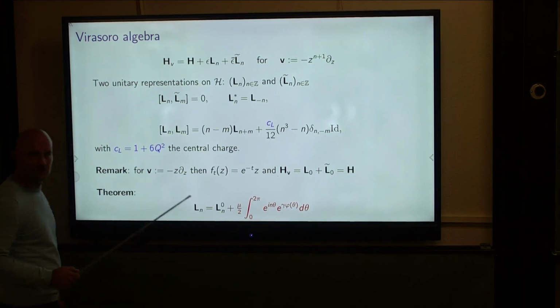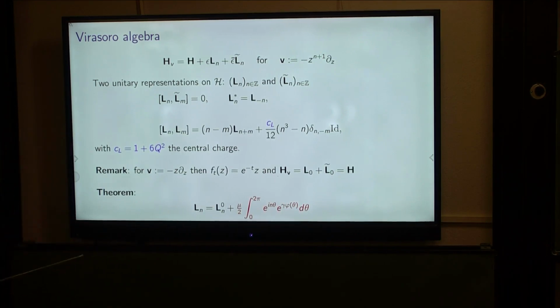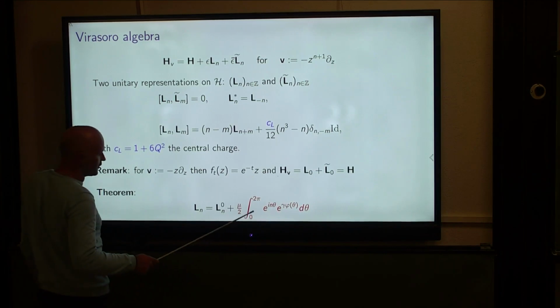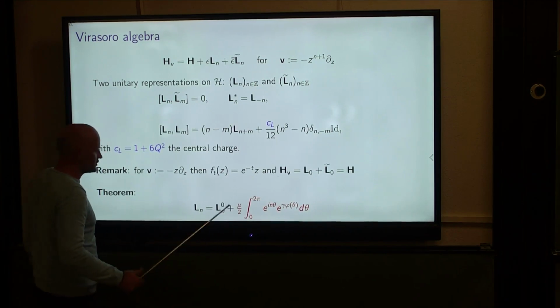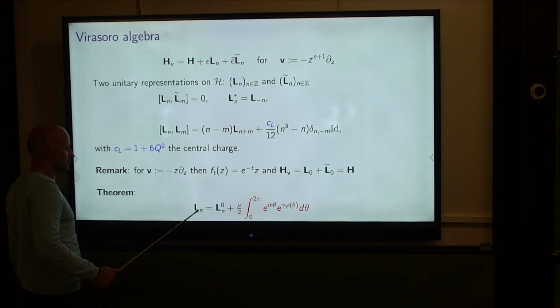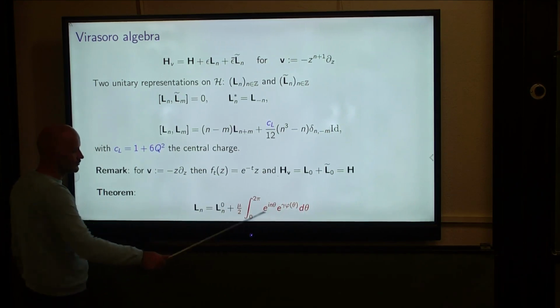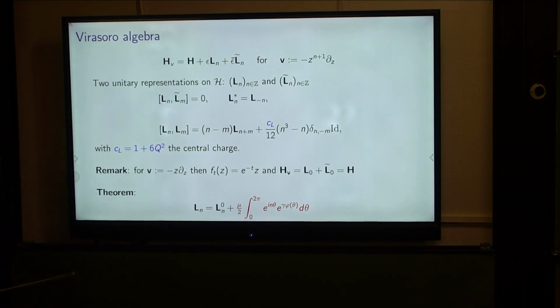So Guillaume mentioned this relation in his talk, Jörg in a former paper, and the relation is that the Virasoro generators in the Liouville are the same as the QGFF up to this term here, which is again a Gaussian multiplicative chaos.